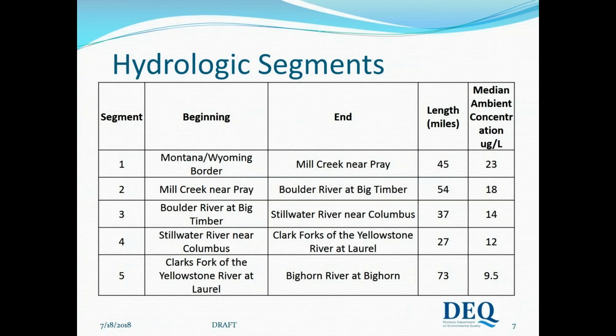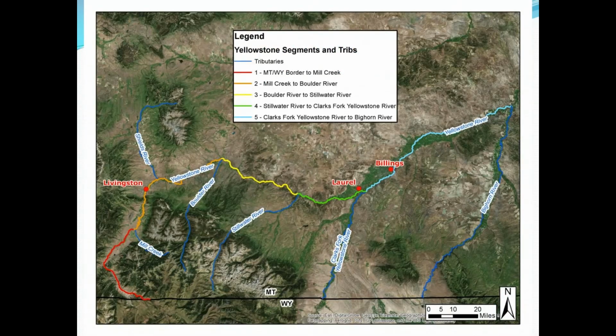So, for instance, when we're looking at the Clark Fork of Yellowstone River at Laurel, this is where the Clark Fork of Yellowstone River comes into the Yellowstone River, and then you do see a measurable difference in concentration down gradient of that confluence. And this is just showing this in a graphic to show you those different hydrologic segments. Again, there were 5 segments that we modeled.